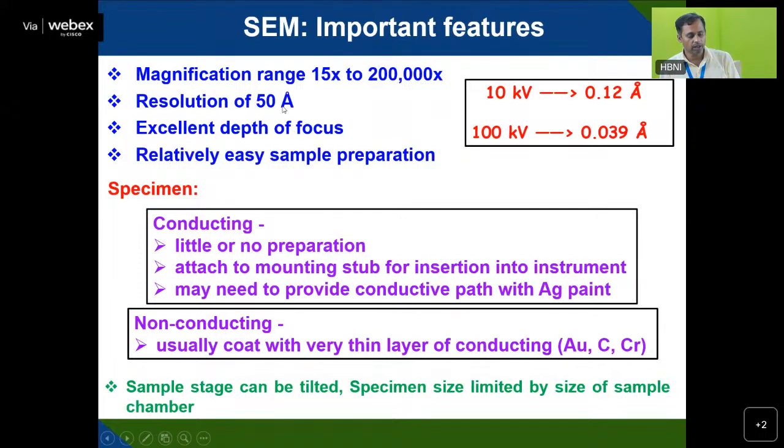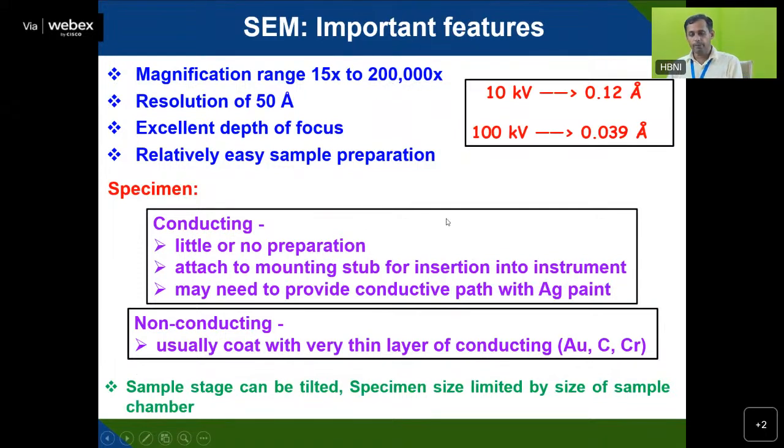The depth of focus is much higher than that of a light microscope, so you can easily see depth profiling or fracture surfaces. The sample preparation is also quite easy compared to other techniques, even when compared to TEM.